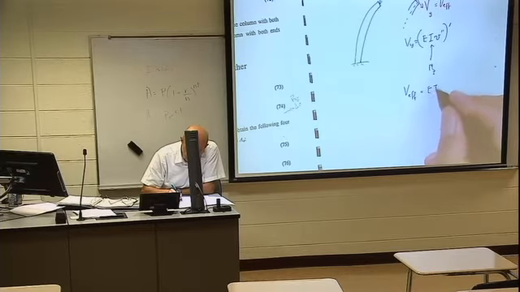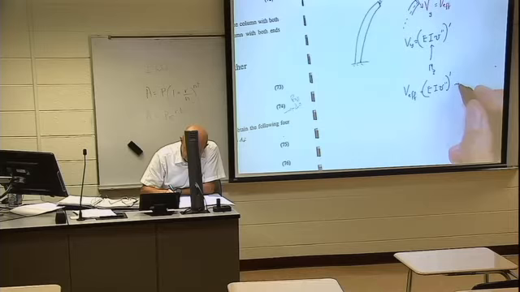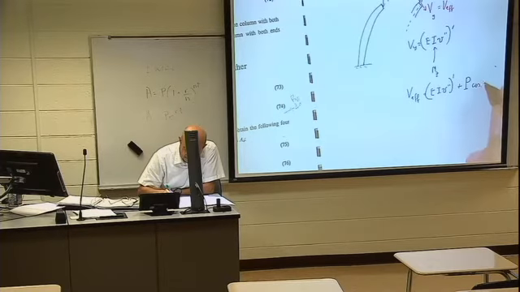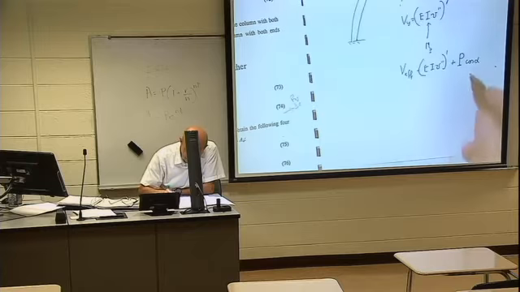So we have V effective equals EI V double prime, first derivative, plus P times the cosine of this angle. This angle we can calculate as V prime.